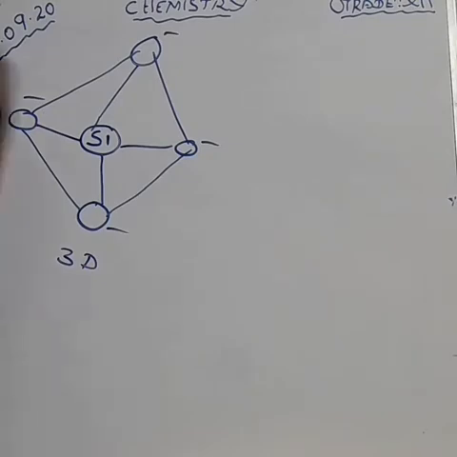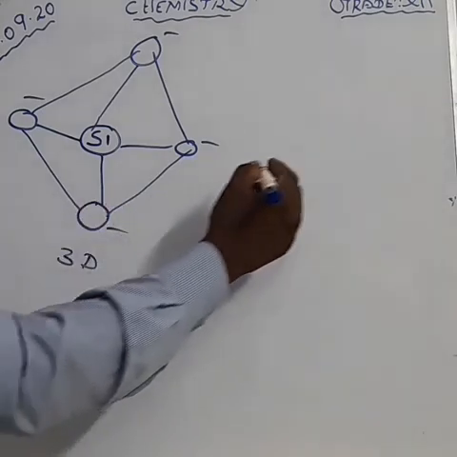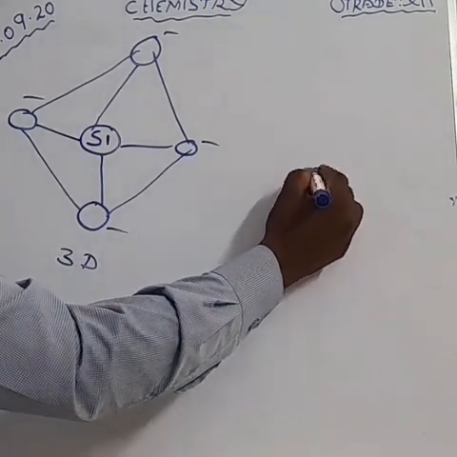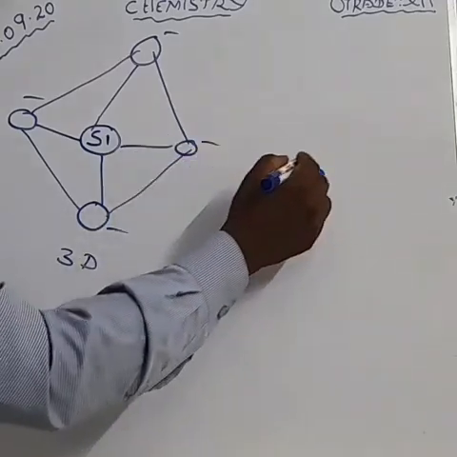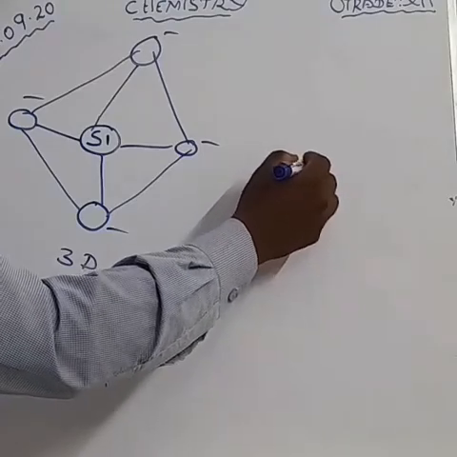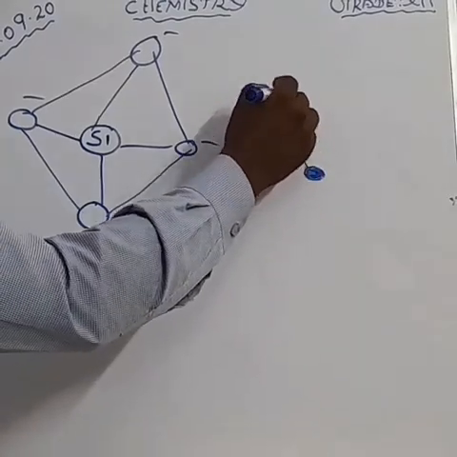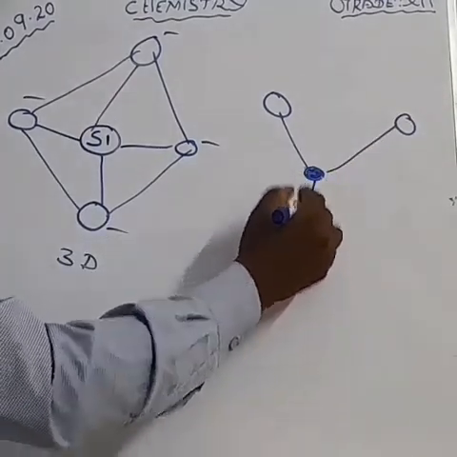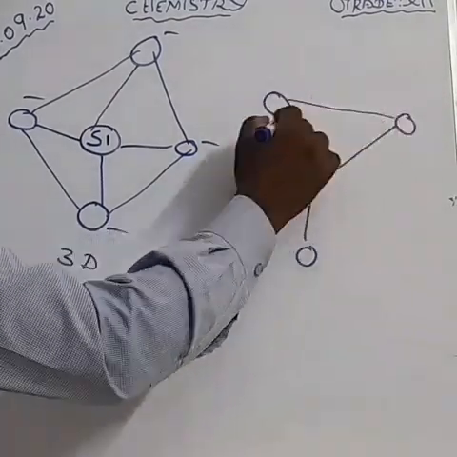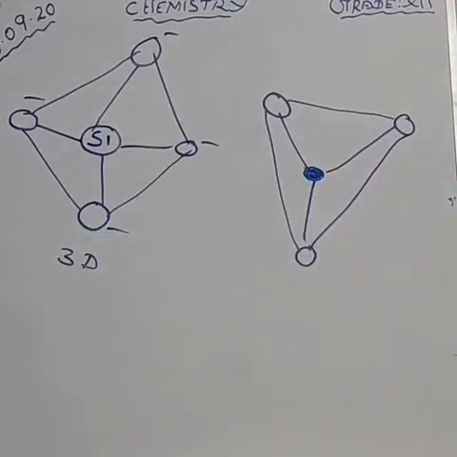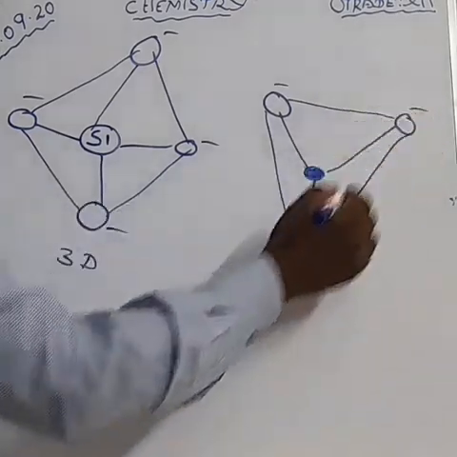But the textbook also has one more diagram, that is the 2D view. Okay, this is silicon. Oxygen. Each oxygen has a negative charge.